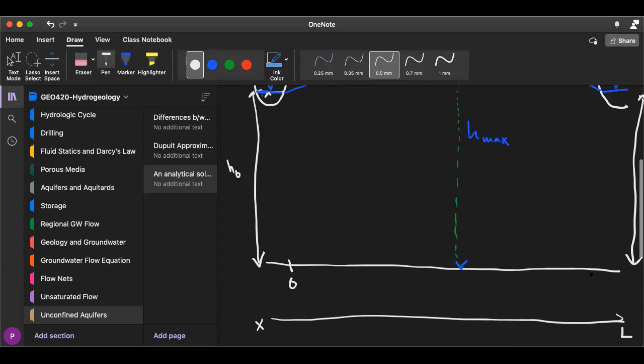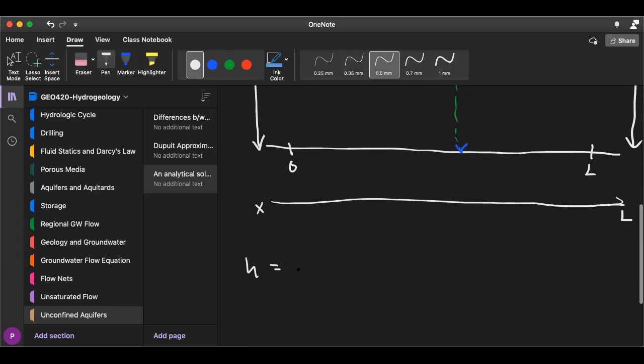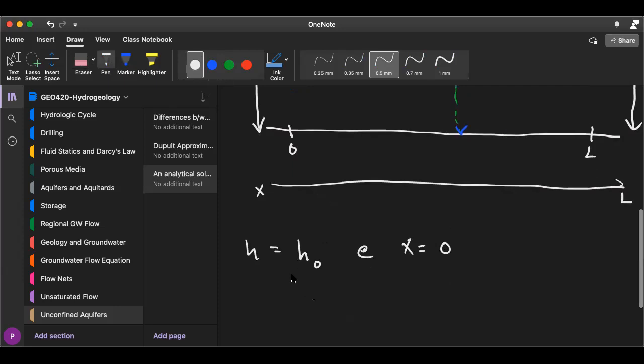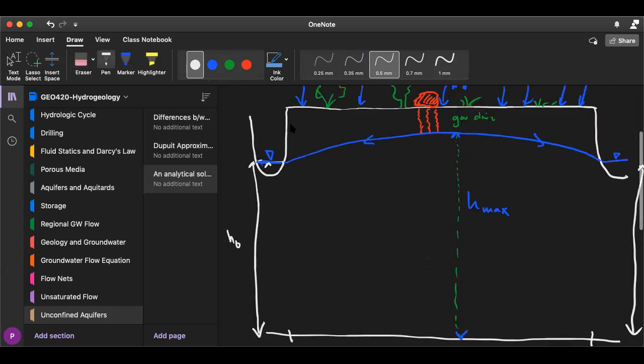This is X equals L. So my groundwater head is equal to H naught at X equal to 0. That's my left-hand boundary condition, this guy right here.